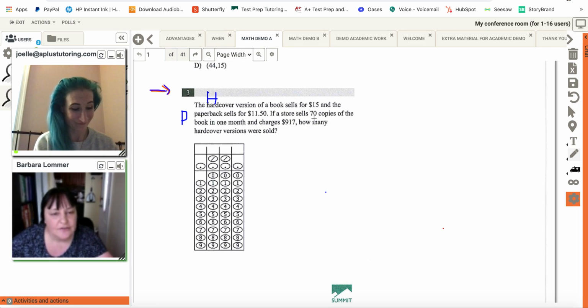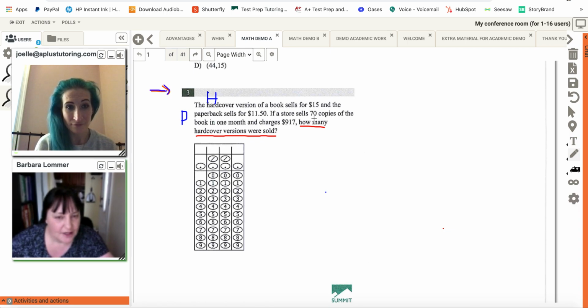Okay, nice. So for our word problem, Joelle here assigned variables to our parameters. I'm going to double check what the question actually wants from us, which is how many hardcover versions we have sold. And then as a next step, we will have to translate the story into math. And to this end, we look how many sentences we have and what information we have.